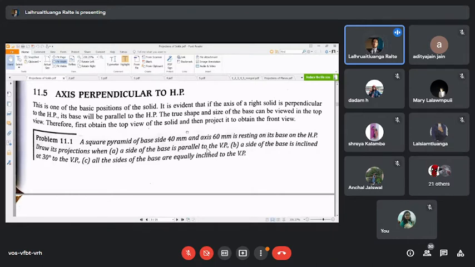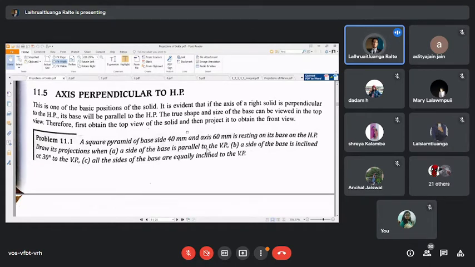Remember in the projection of planes, when a plane is parallel to either of the reference planes, meaning HP and VP, then it is going to be compulsorily perpendicular to the other plane.